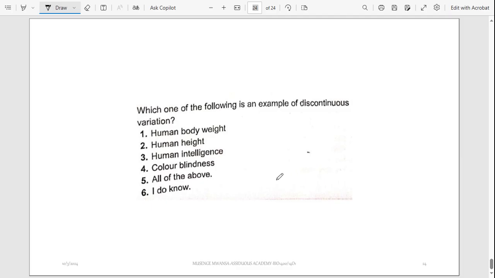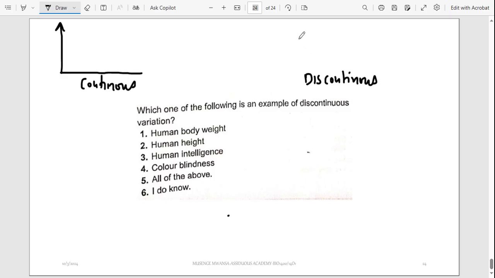Let me write continuous here, and then discontinuous. We are able to measure these, and we can draw a graph for the continuous variation and the discontinuous variation. That's how we can tell.